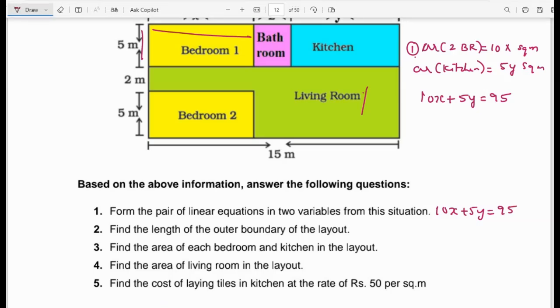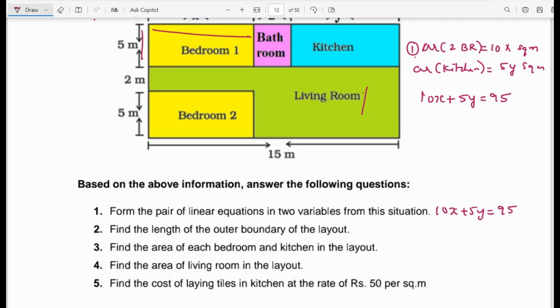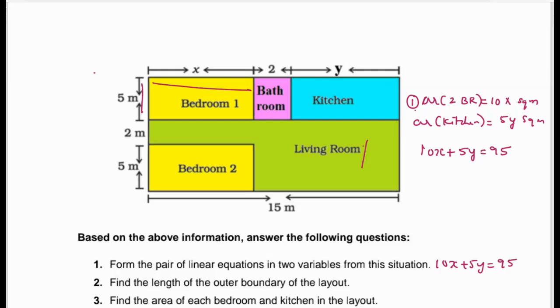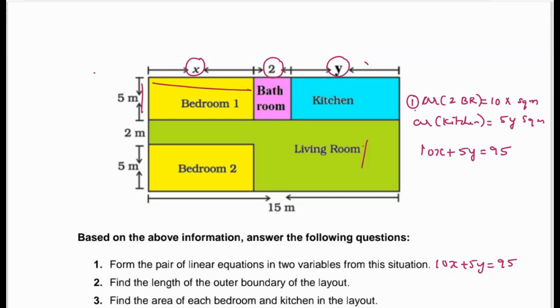Then second one, it says find the length of the outer boundary of the layout. So what is the outer boundary of the layout? Outer boundary is x plus 2 plus y equals 15.